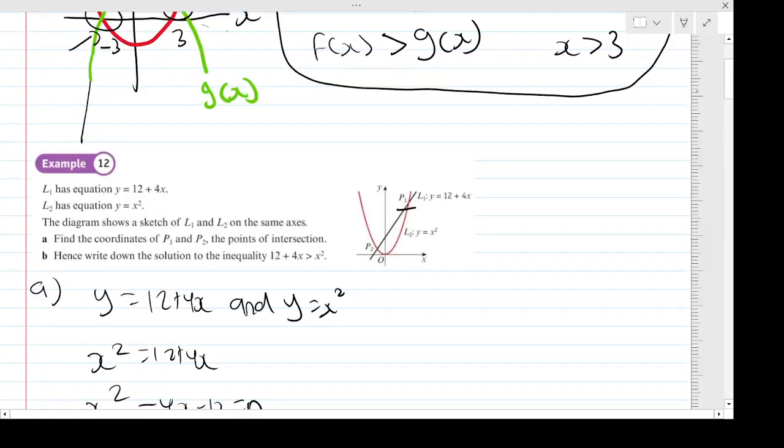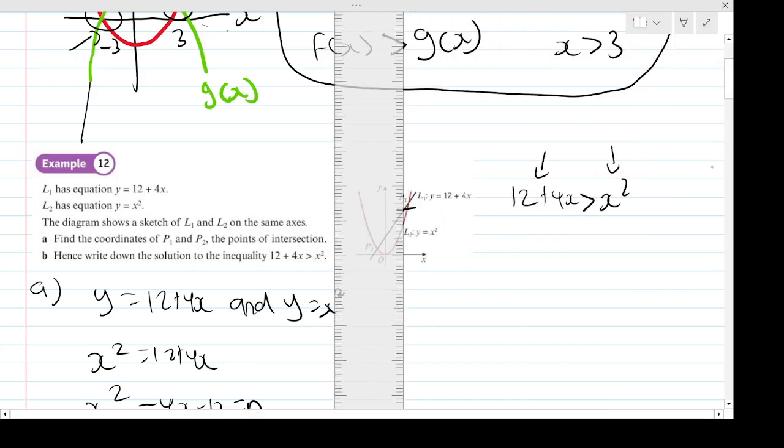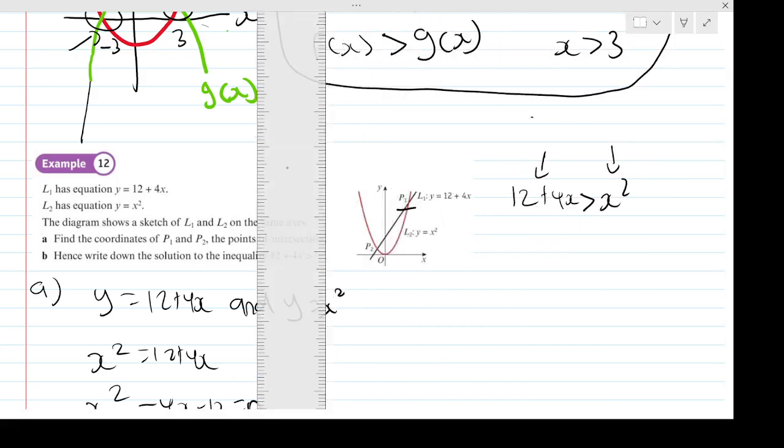Okay, then part B: hence write down the solution to the inequality 12 plus 4x is greater than x squared. So that's going back to what we discussed at the start. Hopefully you recognise we actually sketched these two curves on the graph already. 12 plus 4x is kind of like f of x, and x squared is like g of x.